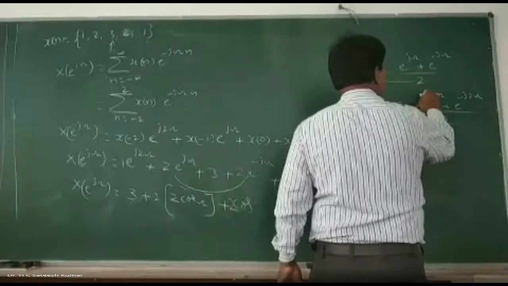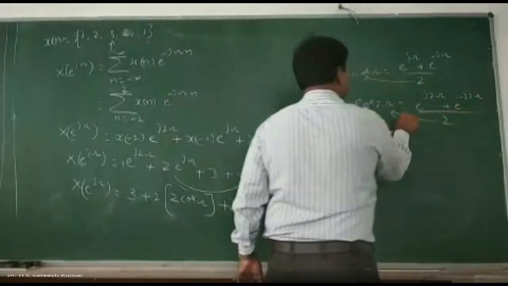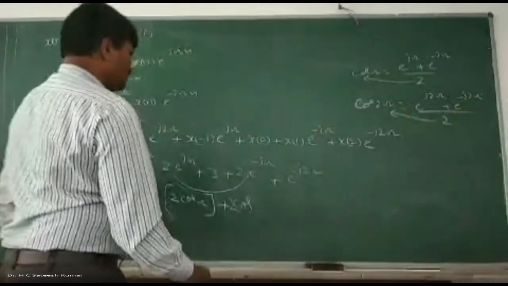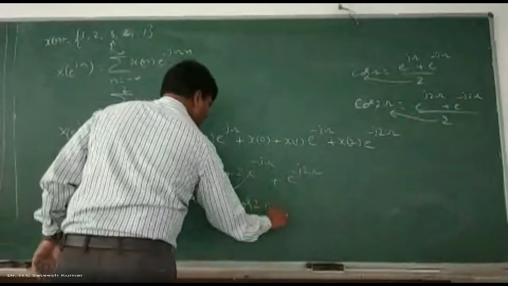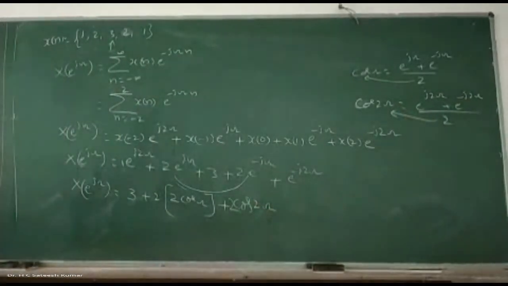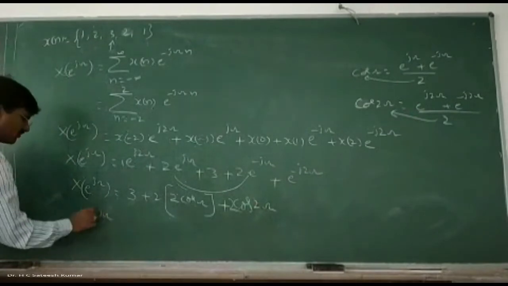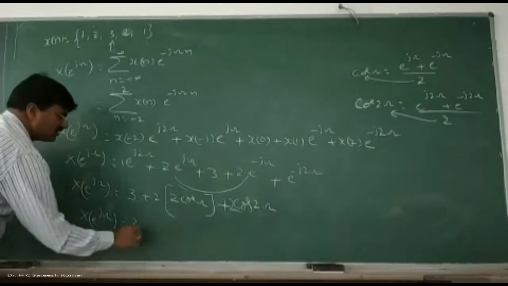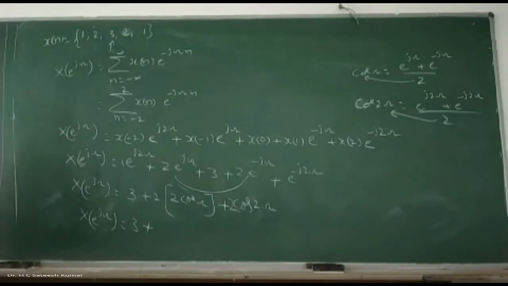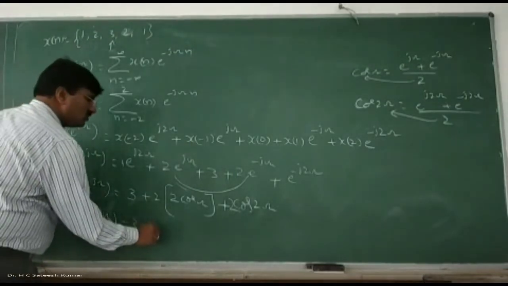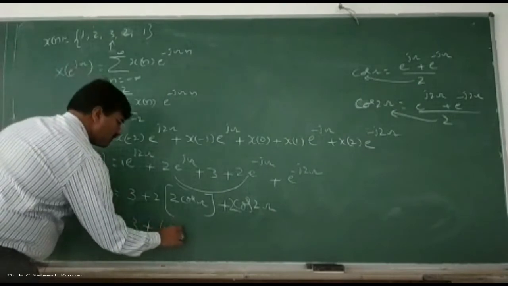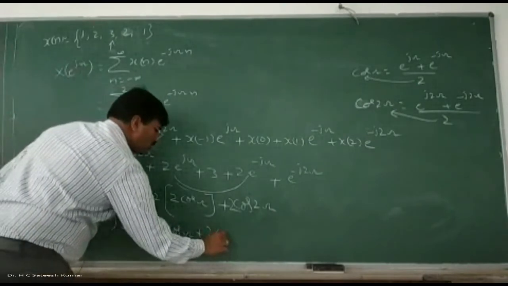Therefore that sum is 2 cos 2 omega. So what we get is X of e to the power of j omega is equal to 3 plus 4 cos omega plus 2 cos 2 omega.